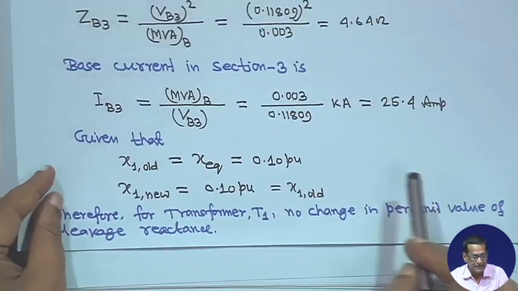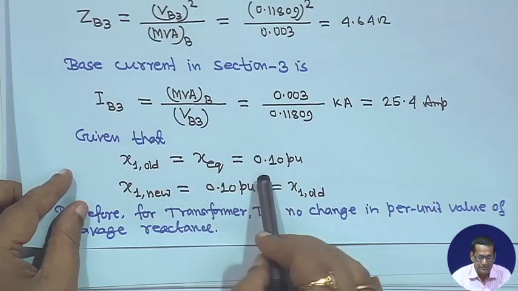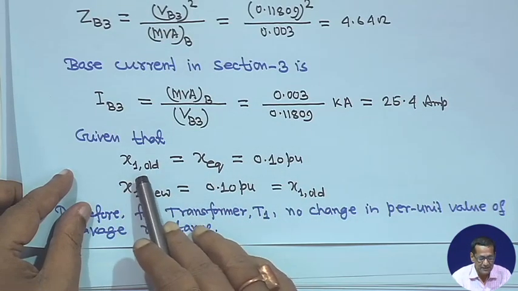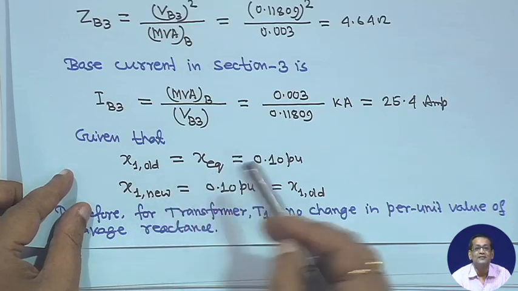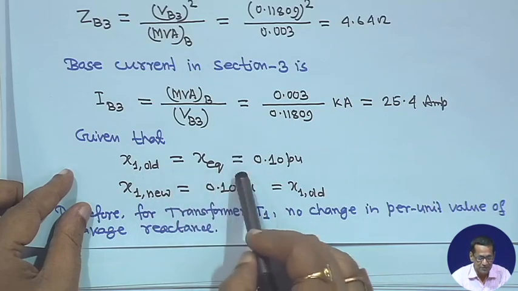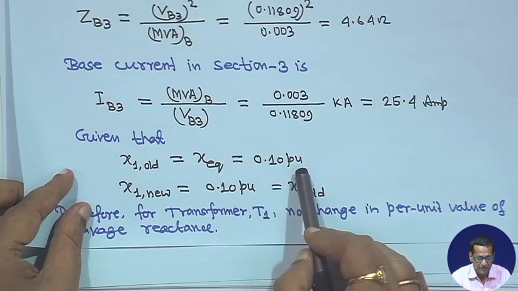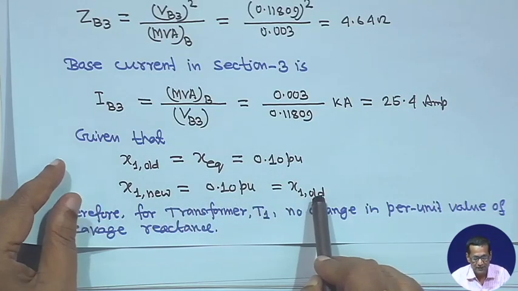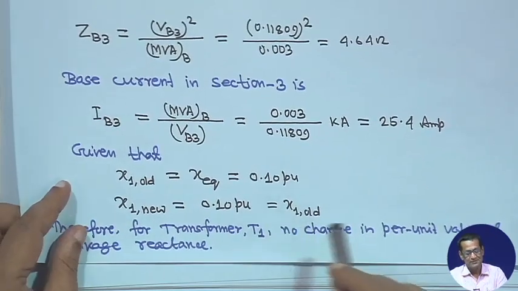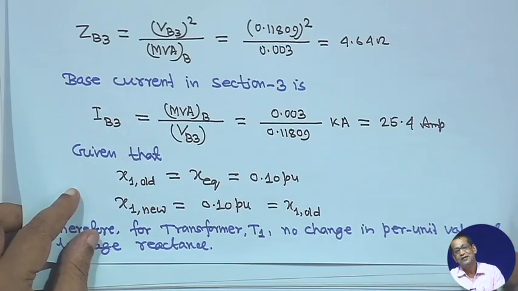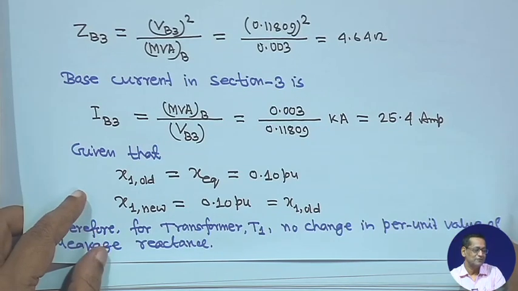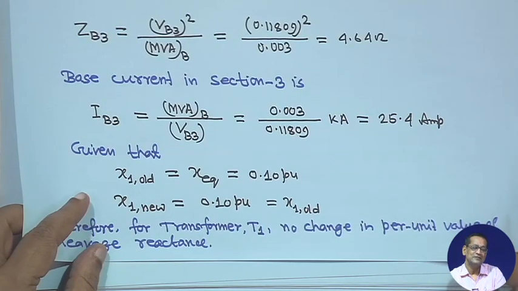Now, it is given x1 is equal to 0.10 per unit. This is actually the old value, so we are writing it because we have to convert it to the other base. So, x1 old is equal to 0.10, and x1 new is also 0.10 per unit, because this is for transformer T1, whose rating is 3 kVA, that is 0.003 MVA, and 230 volt is the base.